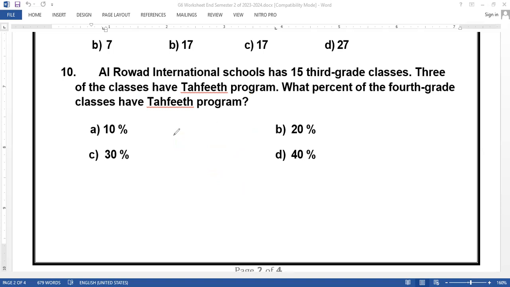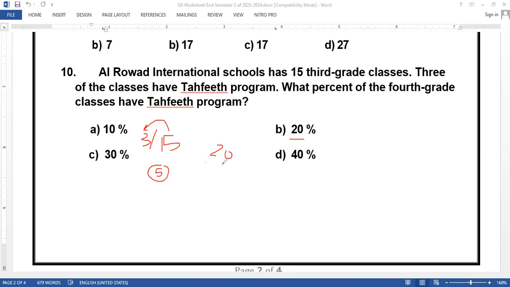This is 5, 15, and we have 3 of them. So 15 divide 3 equals what? 5. So 20, if I try this, 3 out of 15 is multiplied by 5.